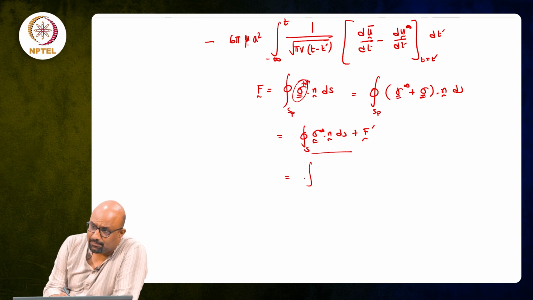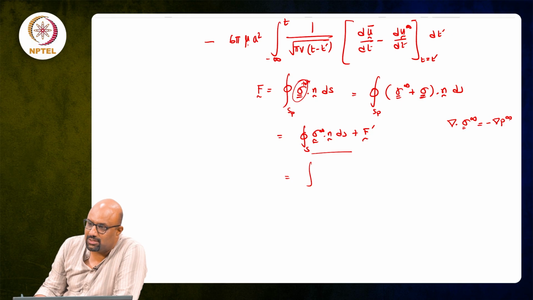If you write down your expression for sigma in this particular problem, you can write this in terms of a divergence, and then substitute for the divergence of sigma infinity for the background flow. Divergence of sigma infinity is minus grad P infinity. Sigma infinity, for a Newtonian fluid, we are not making any other assumption, is minus P delta plus 2 mu E infinity, and the background flow is a uniform flow.